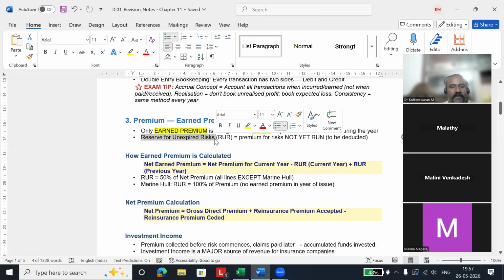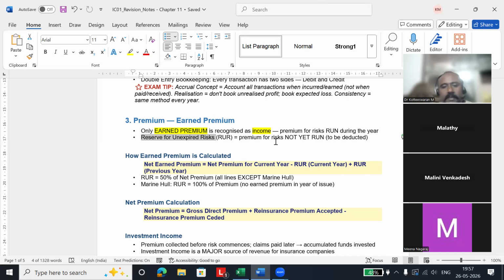So whenever we receive a premium, we are going to divide it and keep it as expired risk and reserve for unexpired risk. So the premium for this has not yet run, because when I am accounting in April, that risk is still continuing. So I cannot account it, this risk has not yet run.